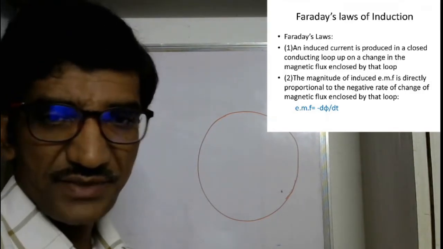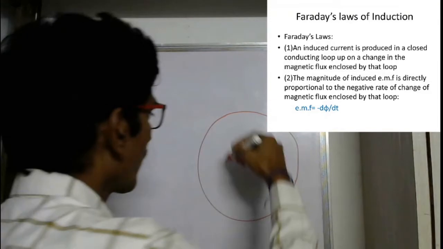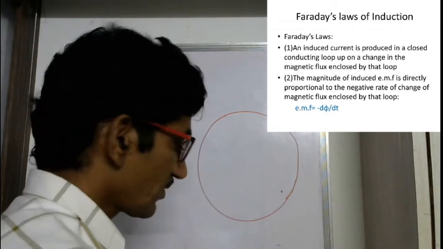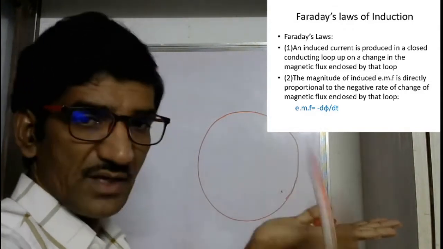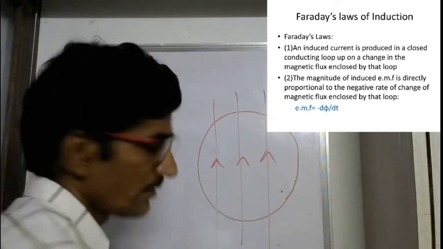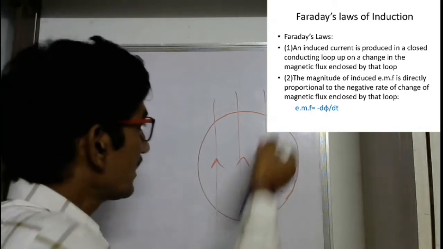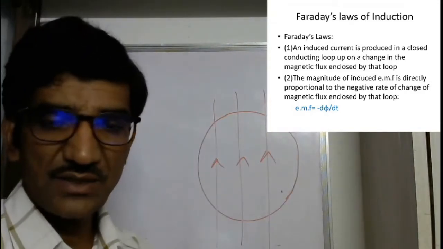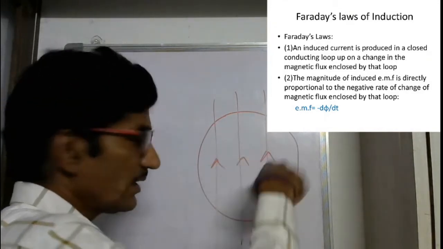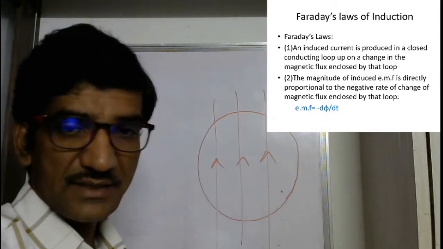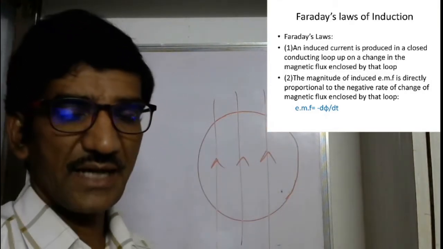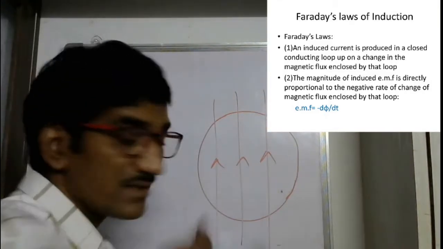See, these are the field lines. Suppose you are placing your coil like this, field lines are coming out like this. How many field lines are enclosed by this conducting loop? It is made up of a conductor. See how it is enclosing some magnetic field lines. Why? Because we are placing this in a magnetic field.